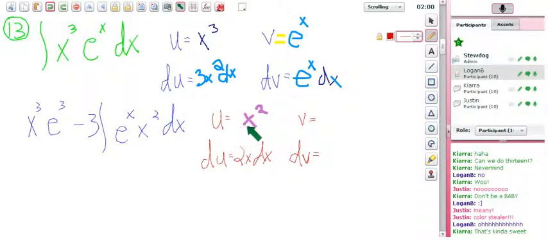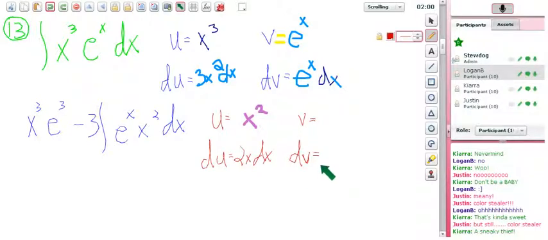Okay, so our u is x squared, so dv has to be what? Look at that, it's all going on at once. So our dv is e to the x dx, and v is e to the x.